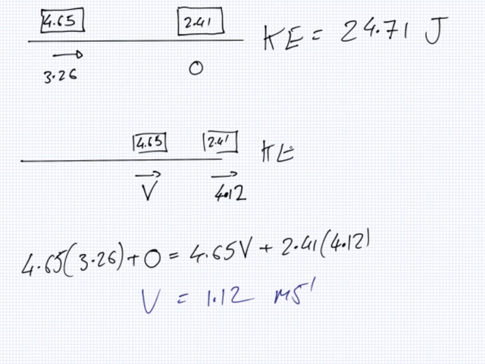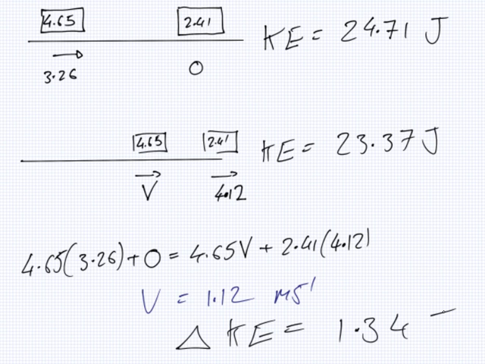And then the kinetic energy here, a half m v squared plus a half m v squared. So in this picture it's 23.37 joules. So how much kinetic energy was lost? Not much. 1.34 joules.